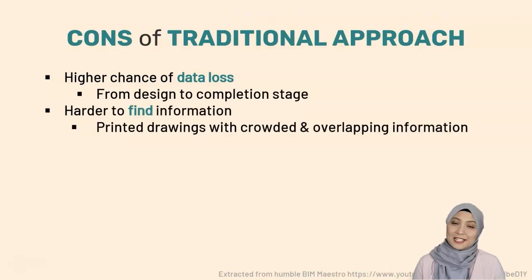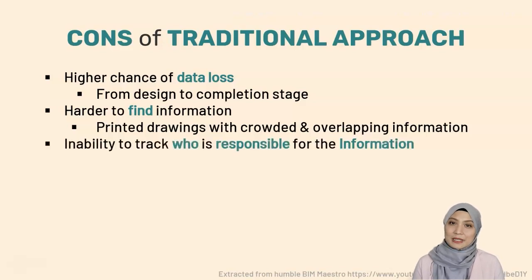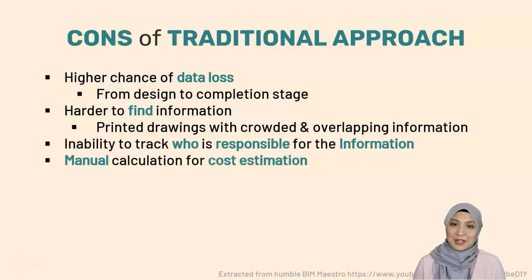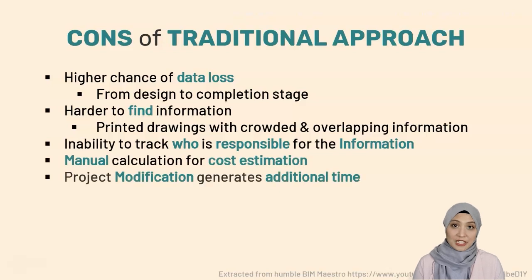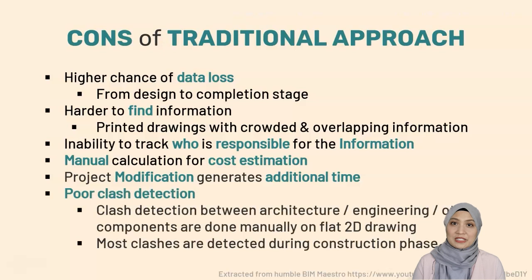Harder to find information on printed drawings with crowded and overlapping information. Inability to track who is responsible for the information. Manual calculation for cost estimation. Project modification generates additional time. And poor clash detection. Multiple consultants and most clashes are detected during construction phase.